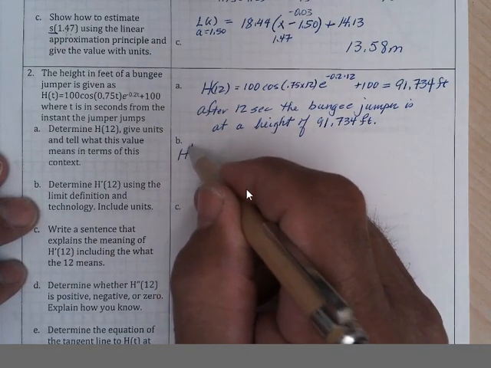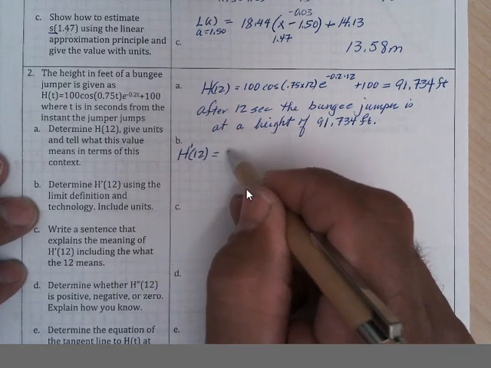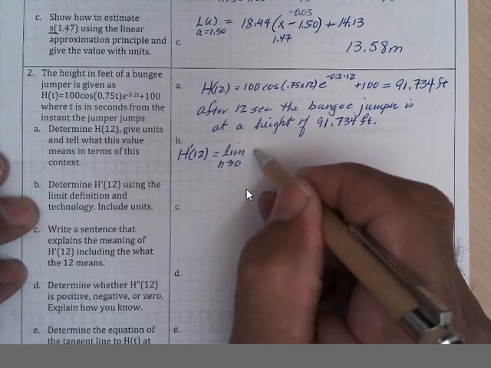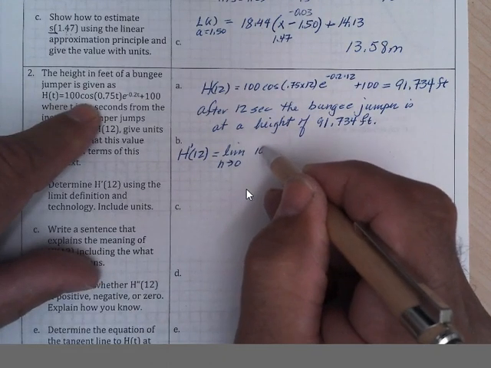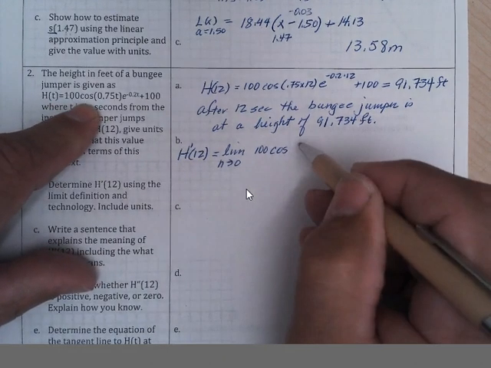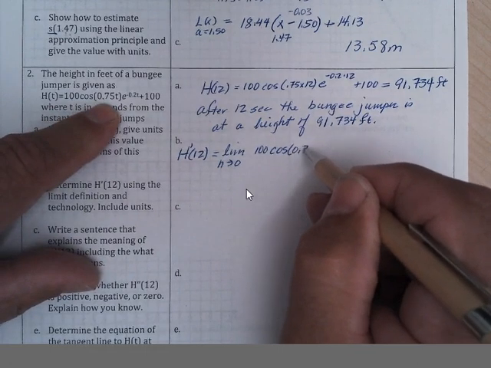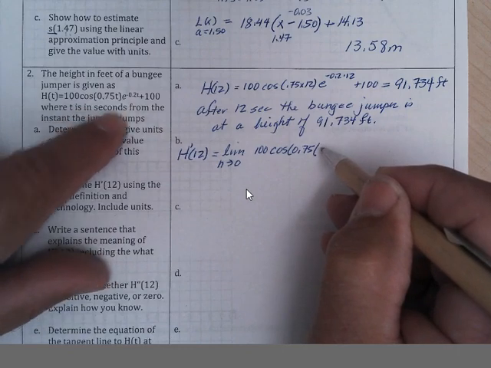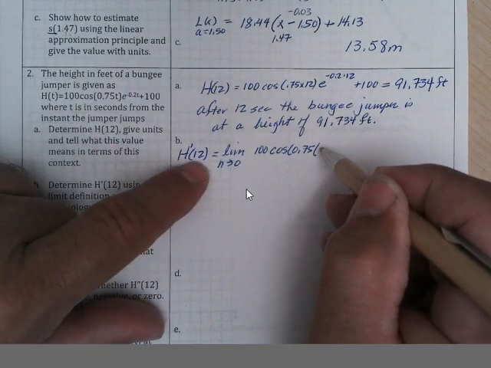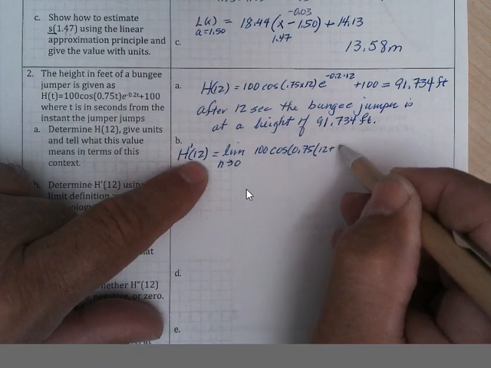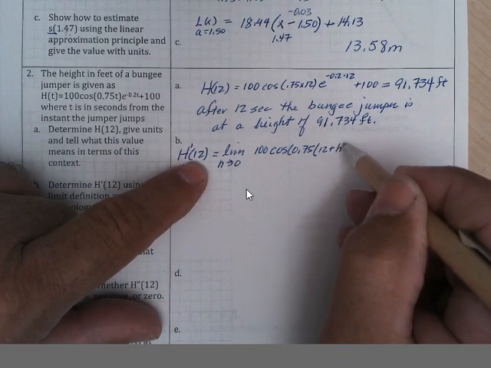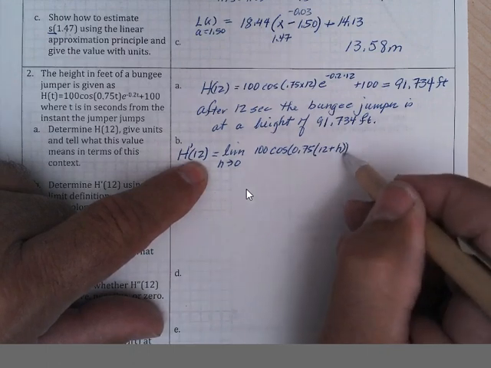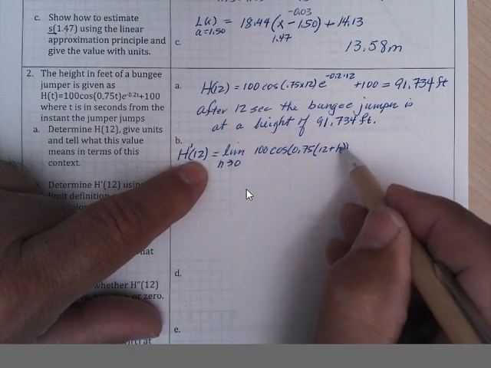So H prime of 12 is the limit as h approaches 0 of this cosine of 0.75, and for the t it's a plus h, and a is 12, so it's 12 plus h, which I'm going to put in the calculator as x, but I'll put it as an h here, and I need to close the parenthesis for this and for this.